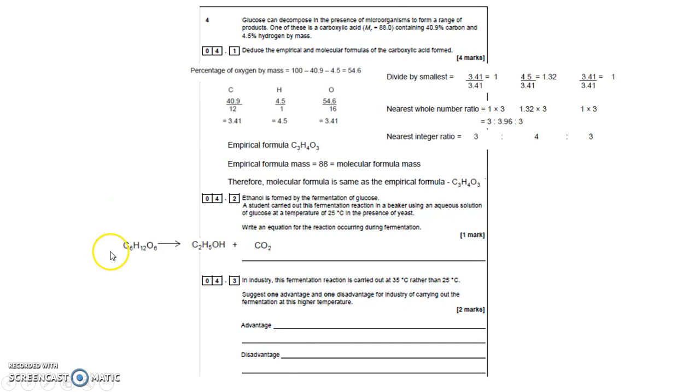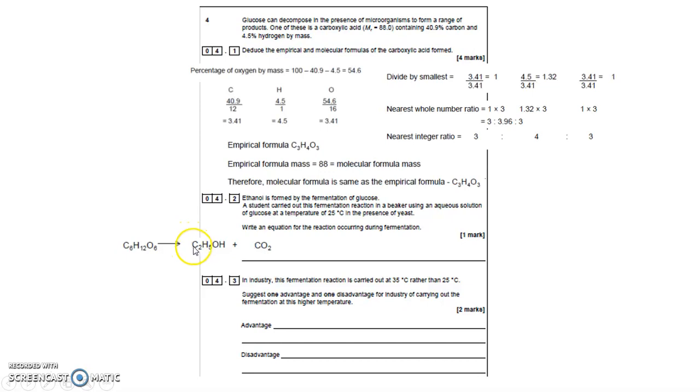The next part is that you've got to balance it. So what have I got in here? Well, the first thing I would look at is that the ethanol is the only product with H's in it. The CO2 doesn't have H's. So how many H's have I got in my ethanol? I've got 5 and 1 is 6, and I've got 12 H's in the glucose. So that must be a 2. There's got to be a 2 in front of the ethanol, because 2 multiplied by 6 gives the 12.